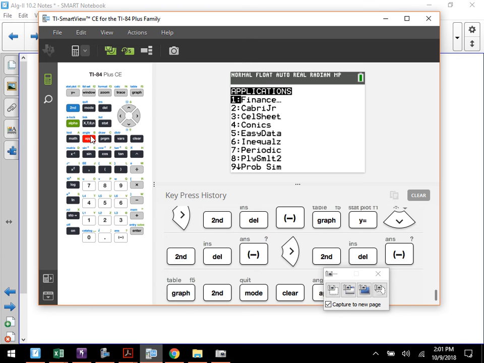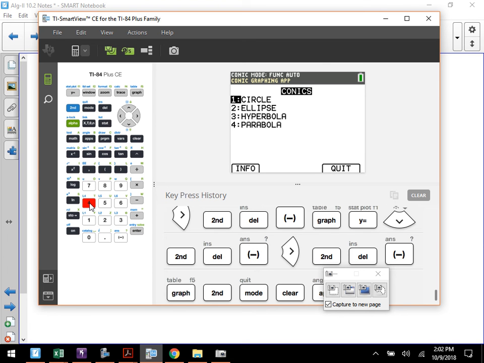Let me know. There's only a couple of these that you'll ever need to worry about for this class. Conics is really the only one. If you hit the button that says apps, and then select option, I don't know what number it is for you guys, mine's 4. There are 4 options for conic sections. If I pull up number 4, that's my parabola again.